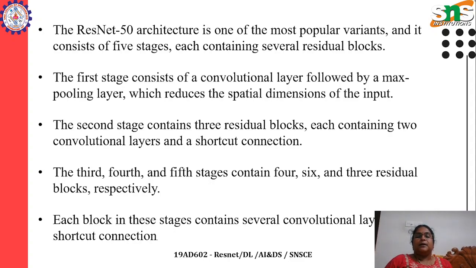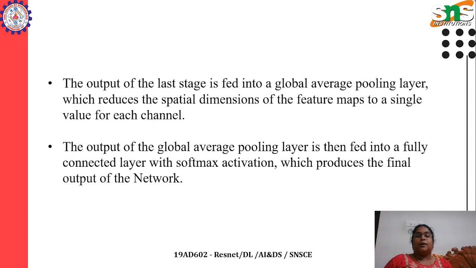The second stage has 3 residual blocks, each containing 2 convolution layers and a shortcut connection. The third, fourth, and fifth stages contain 4, 6, and 3 residual blocks respectively. Each block in these stages contains several convolution layers and a shortcut connection.